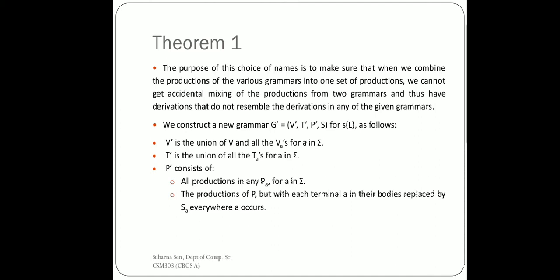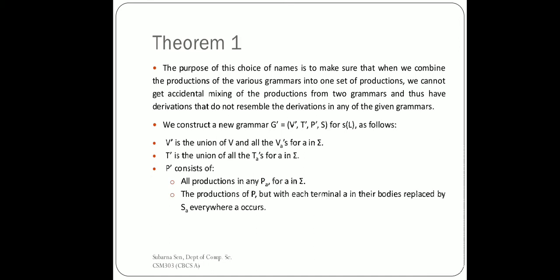Now P dashed, the production rule set, will consist of all productions in any P_a for a in sigma and the productions of P, but with each terminal a in their bodies replaced by S(a) everywhere a occurs, right? Why? Because our job is to replace the original symbols in the grammar with the substitution.